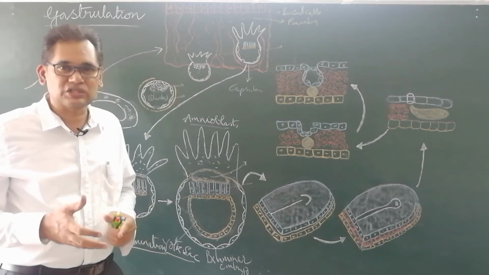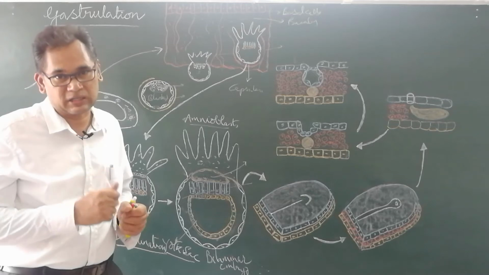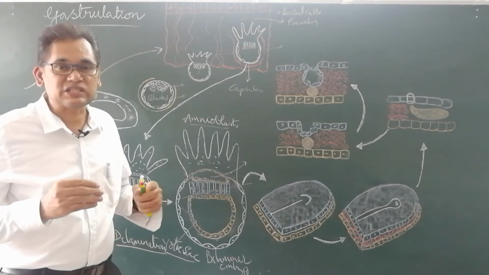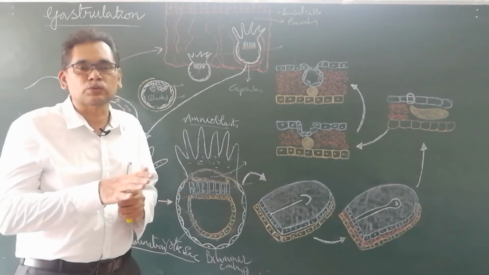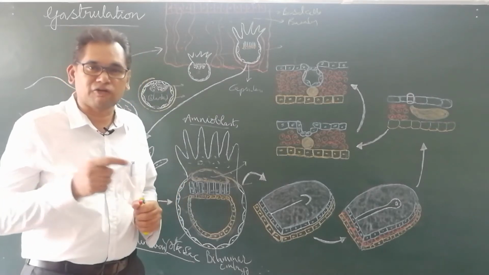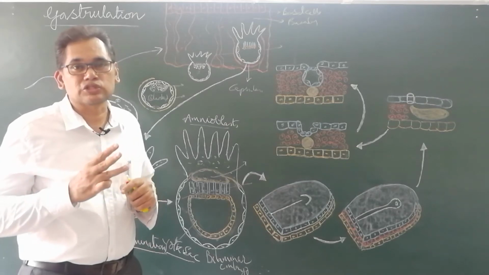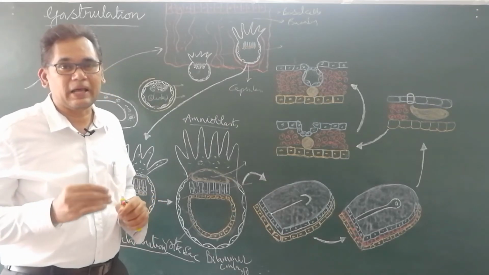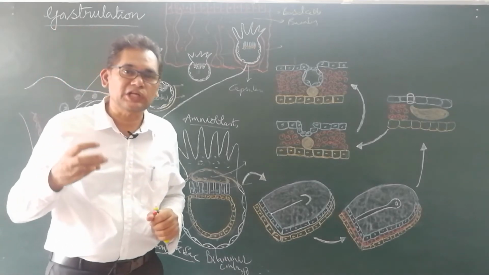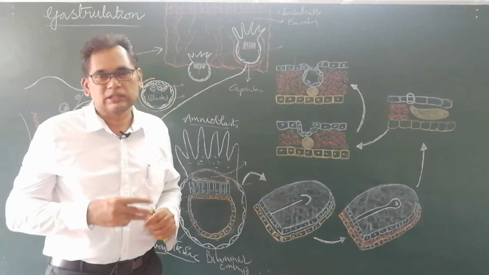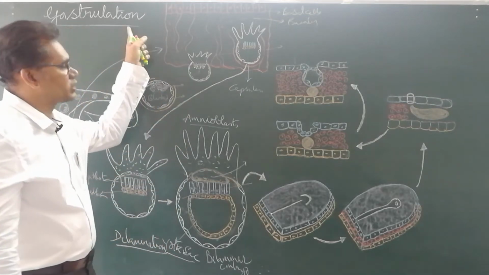These changes are called morphogenic movements. It means cells or groups of cells are moving to their definite positions to form a three-layered embryo, which we call a trilaminar embryo. It means formation of three germ layers, which takes place only during gastrulation.